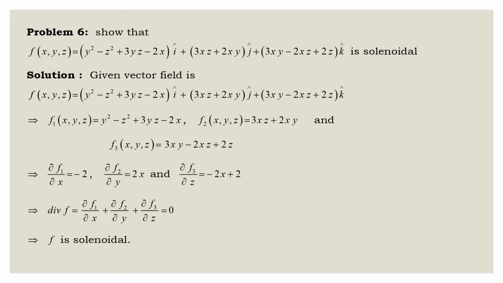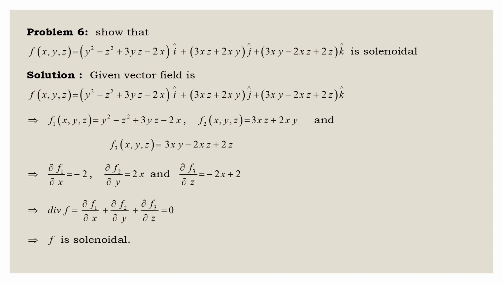To find the divergence of the given vector field, we have to add these three pieces: dou f1 by dou x, dou f2 by dou y, and dou f3 by dou z. So, divergence of f equals dou f1 by dou x plus dou f2 by dou y plus dou f3 by dou z.